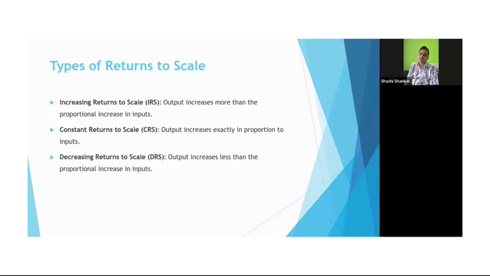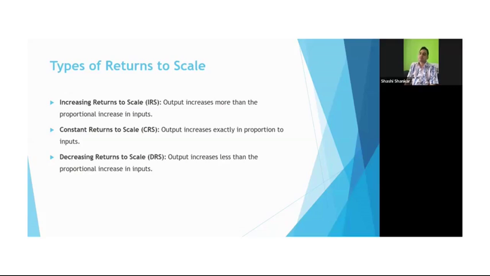The last one is decreasing returns to scale, that is DRS. In this, output increases less than the proportional increase in inputs. That means even though input increases at a certain proportion, output increases less than the proportional increase in input.